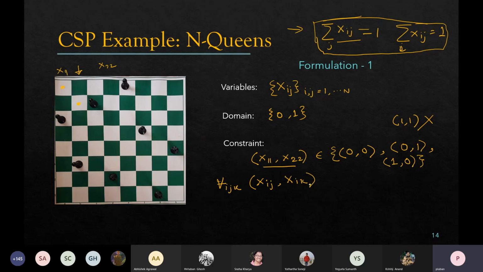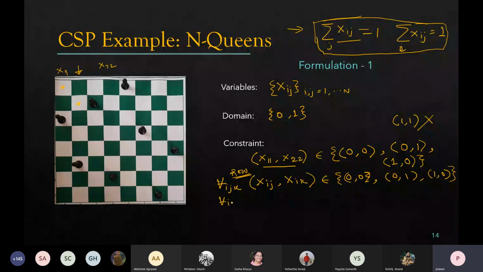So that means we are addressing the cells that are on the same row. We are addressing the row. And what are the allowed values? Either they do not have queens both, or one of them is having the queen but the other not, right? So this is how I have addressed the row.